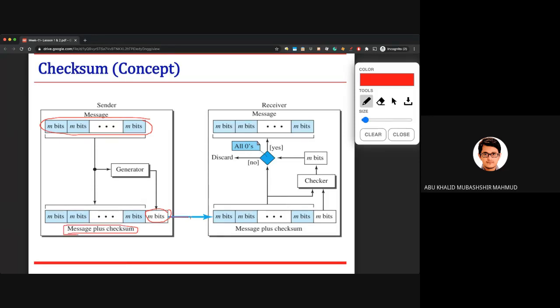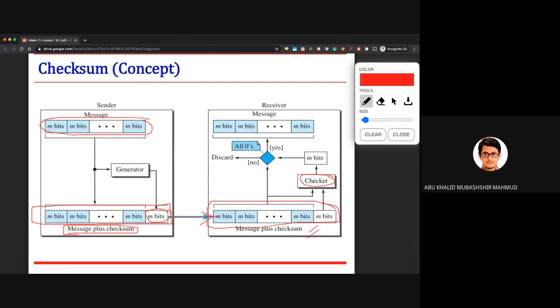Then we send this total code word to the receiver with that checksum, and the receiver side receives this total data and uses some form of checker to see if the checksum is actually correct.